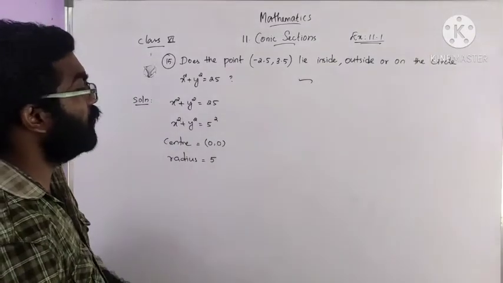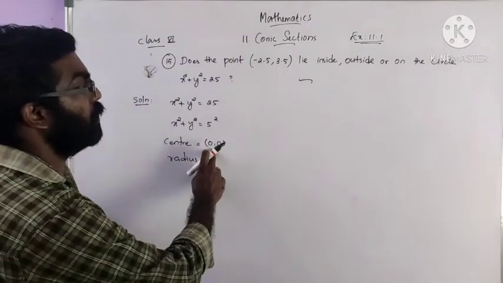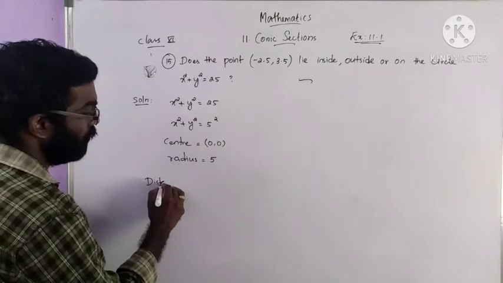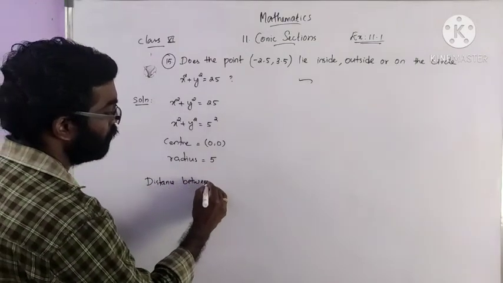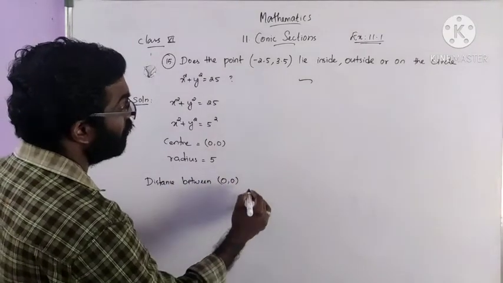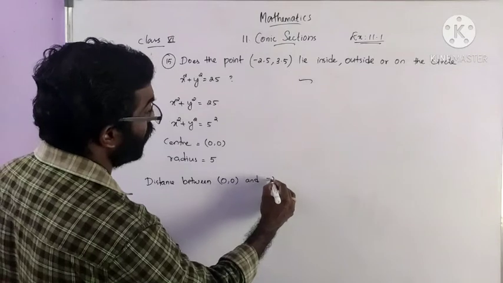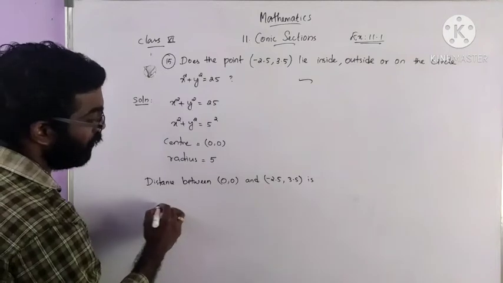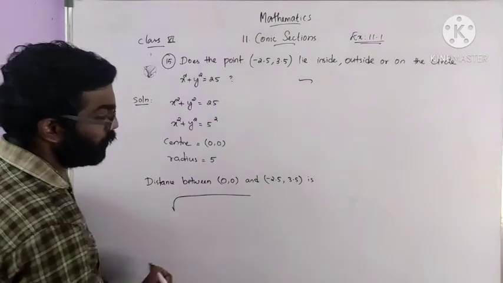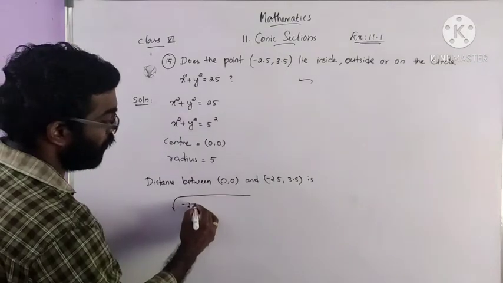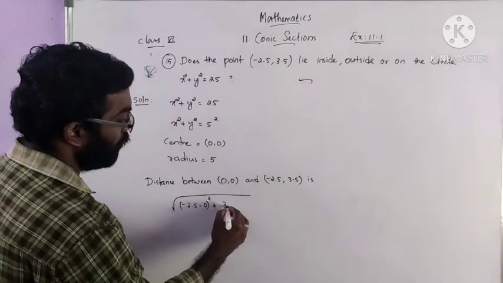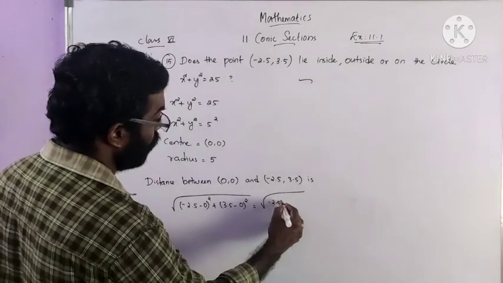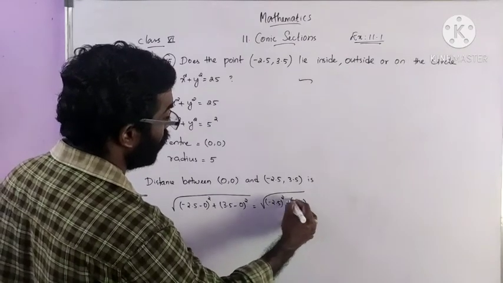For that we can find the distance between the point 0, 0 and the given point. Okay. So distance between 0, 0, that means the center, and the given point minus 2.5, 3.5, we can put it in the distance formula, root of x2 minus x1 the whole square, that is minus 2.5 minus 0 the whole square plus 3.5 minus 0 the whole square, which is equal to minus 2.5 the whole square plus 3.5 the whole square.